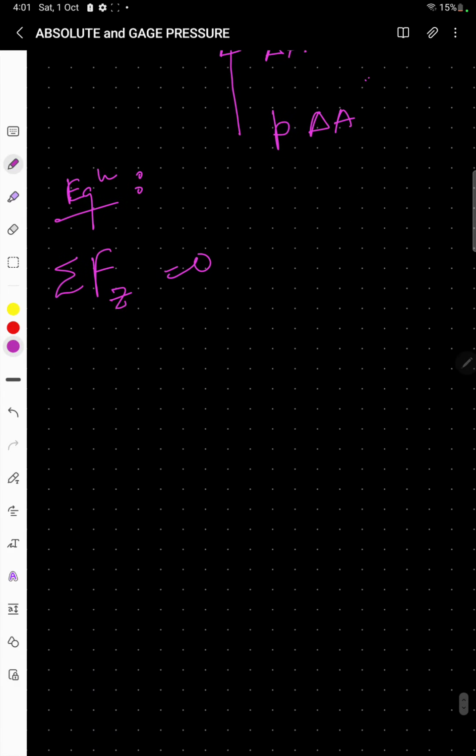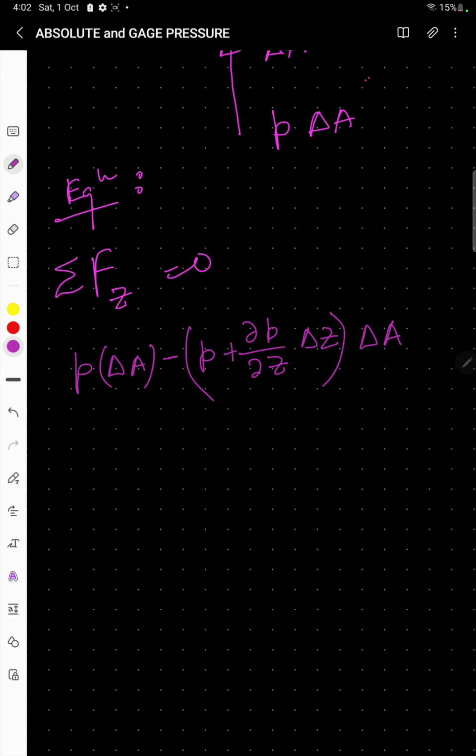So what we can write as the equilibrium equation: the vertical force which is working is your P, and it is working on the area delta A. The additional force which is against this one is the pressure on the other face, P plus del P divided by del Z multiplied by delta Z, and this is working on the area delta A. Now there is an additional weight of the fluid element, that is gamma multiplied by delta A delta Z, and if it is in equilibrium that will be 0.